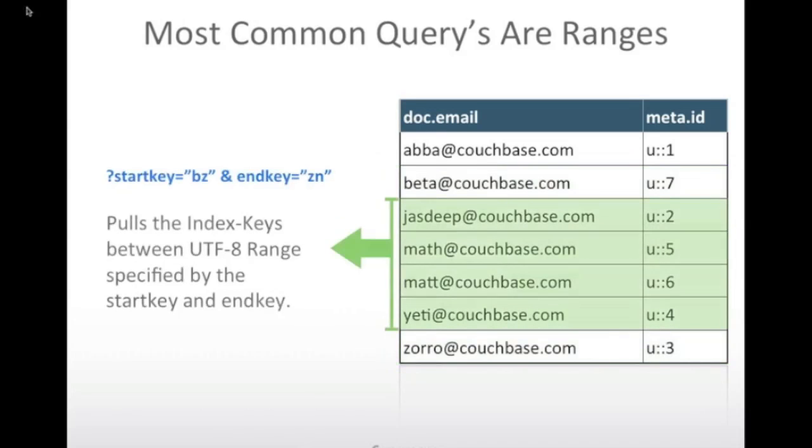And then if I change that, now I do only to ZN, and I get that range between BZ and ZN, which doesn't include the last part. This is important because I'm going to talk about collations in a minute.